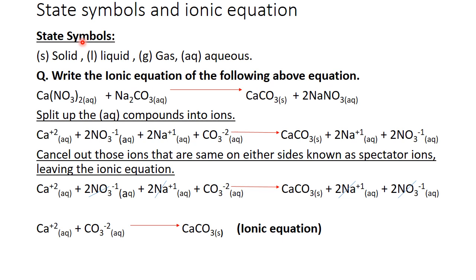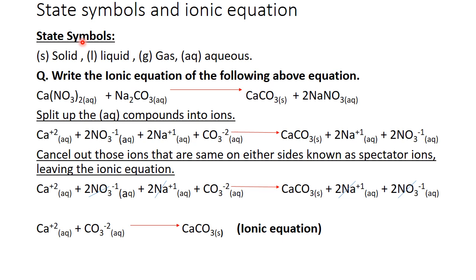For example, when ionic compounds that are solute are dissolved in the water solvent, these ionic compounds will break down, will dissociate into their respective ions. Okay, so this is the property only of aqueous compounds. This property is not for solid compounds, not for liquids, not for gases. Okay, this is the only property for aqueous compounds, so keep that in mind.